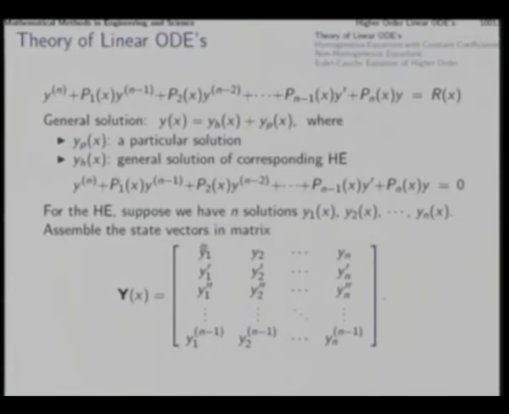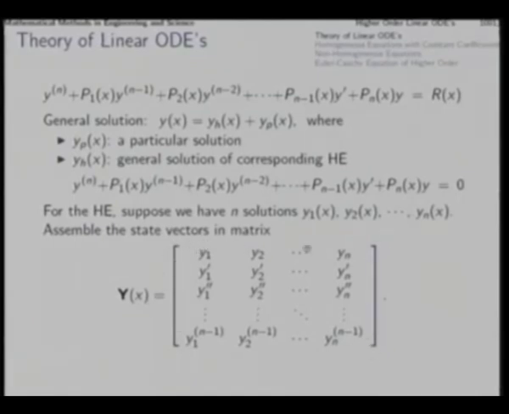So, state vector will have the function itself, its first derivative, second derivative up to the (n minus 1)th derivative. So, this is the state vector of the first solution. Similarly, this is the second state vector corresponding to this, and so on. So, when we assemble these as columns, then we get an n by n matrix of functions.